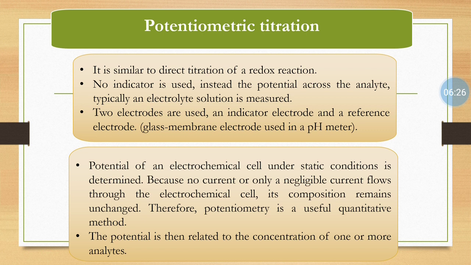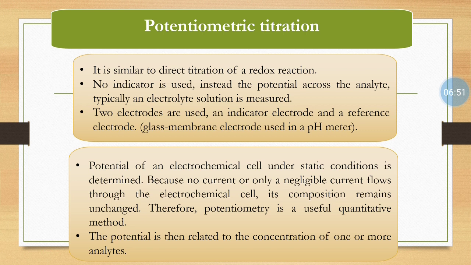In this technique, the potential of an electrochemical cell under static condition is determined. Since no current or a very negligible current flows through the electrochemical cell, its composition remains unchanged. Therefore, this technique is a useful quantitative technique.